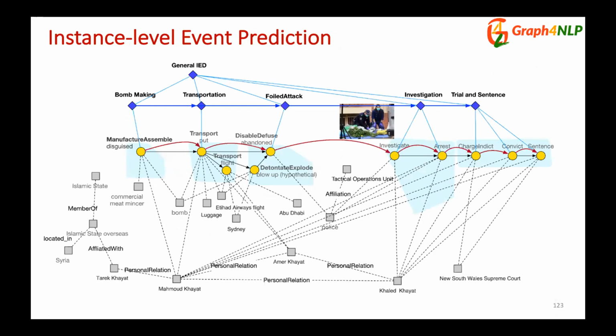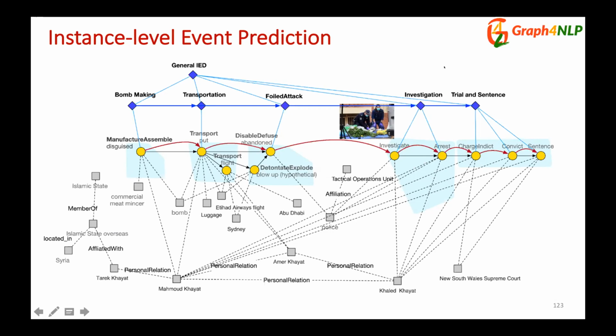But the much cooler thing is we can also do instance level prediction, which means we can look into the original graph structure. We not only predict what type of event will happen in the future, we can also predict who is involved in what kind of role, who did what to whom for this future event.